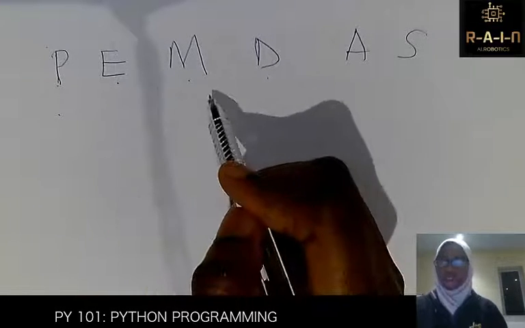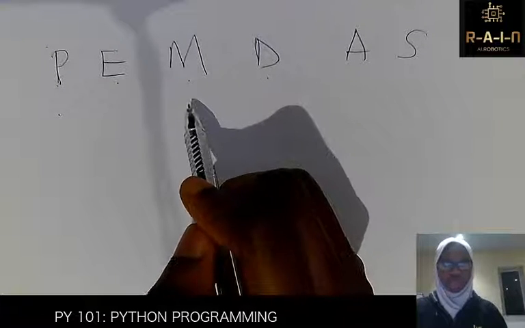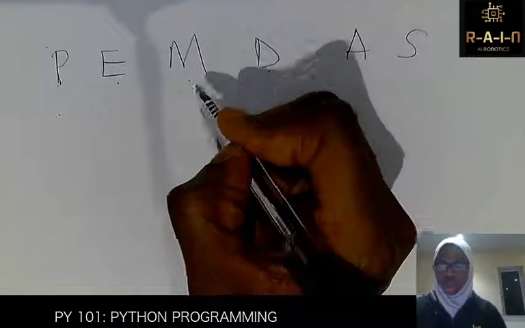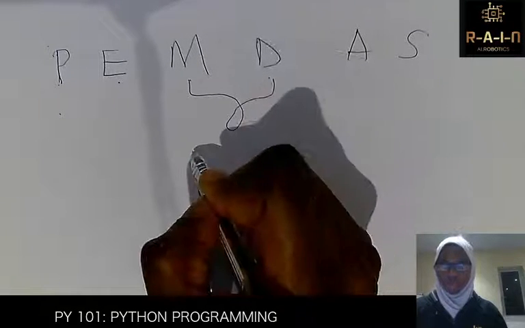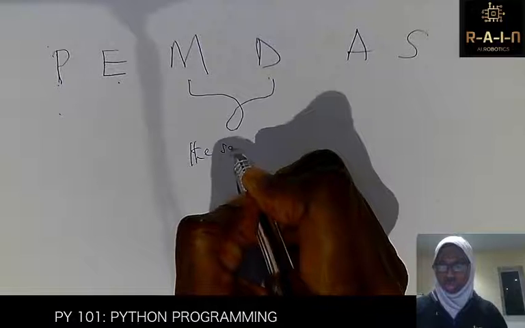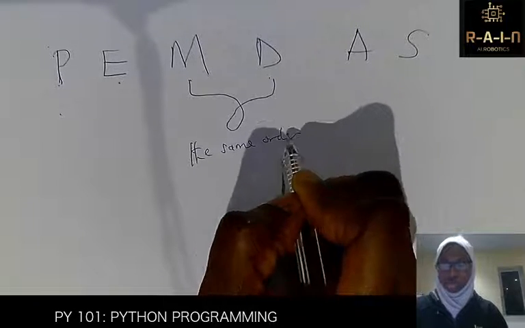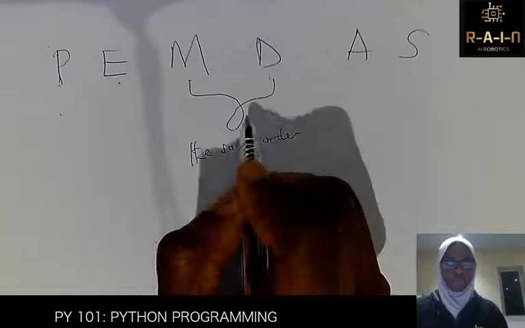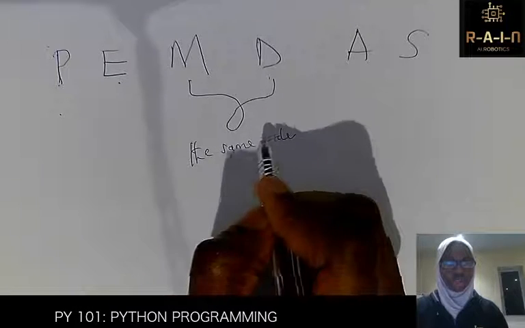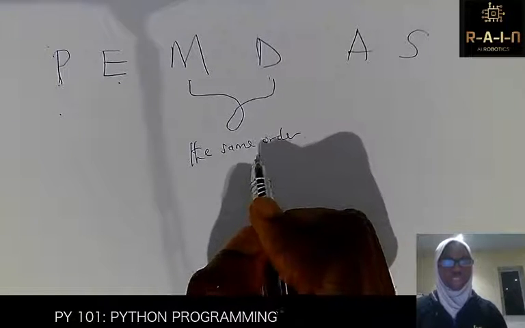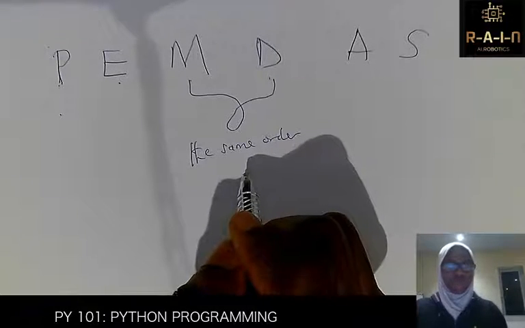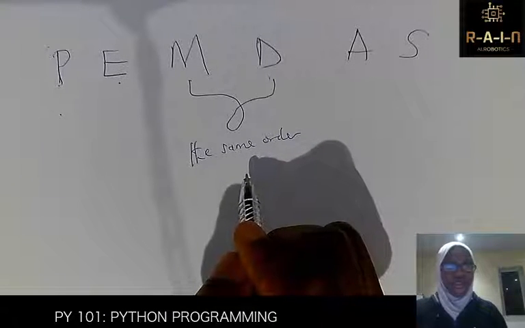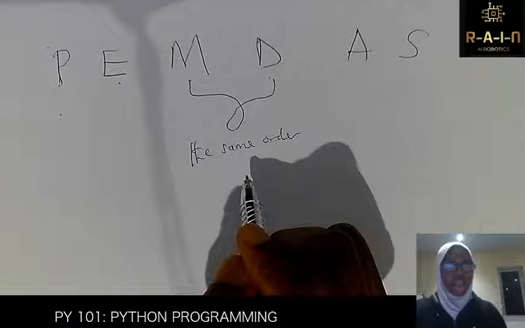Now, one difference between BODMAS and PEMDAS is that in Python, multiplication and division are of the same order. So since they are of the same order, if we have both multiplication and division in our expression, how does Python know which one to execute first? Well, it's a matter of first come, first served.